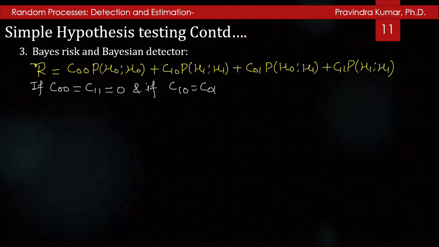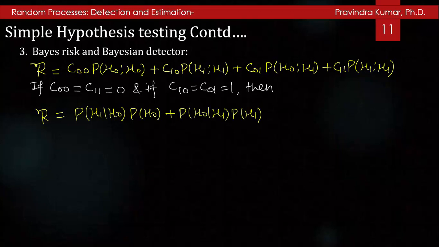and if C10 is equal to C01 is equal to 1, it means we have given the same cost to the errors, then the Bayes risk will be P(H1|H0) P(H0) plus P(H0|H1) P(H1).